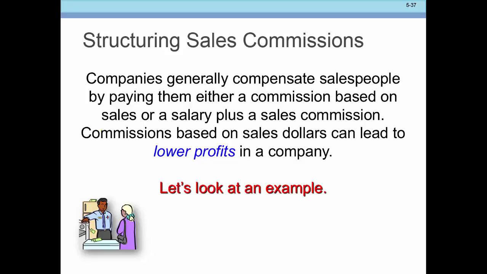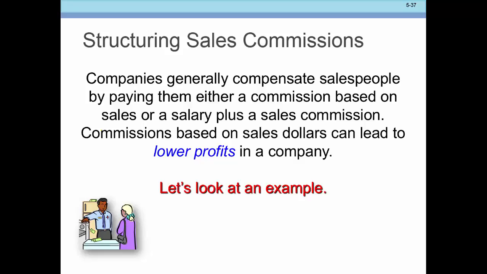So, anyway, let's go ahead and take a look. We say that companies generally compensate salespeople by paying them either a commission based on sales or a salary plus a sales commission. Commissions are based on sales dollars and can lead to lower profits in the company.